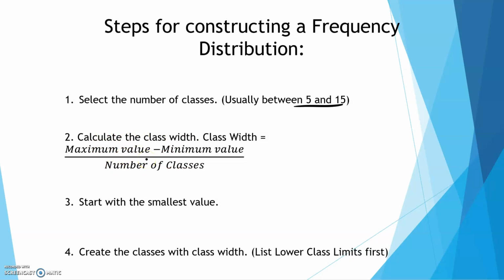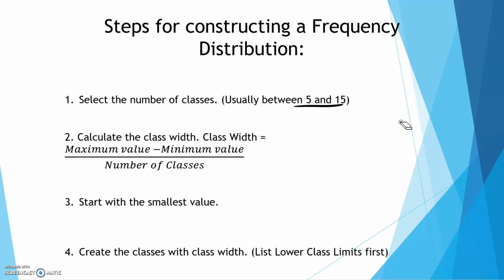Now the class width you always round up to the next higher number, and it doesn't matter what the decimal is. So say if you got 5.1, that's going to round up to 6. If it was 5.5, that would still round up to 6. This one goes against normal rounding rules.